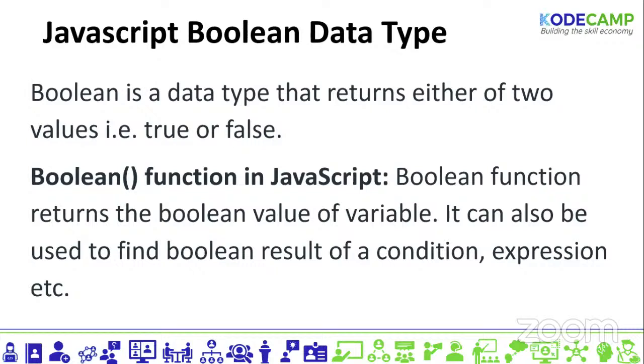It can also be used to find the Boolean result of a condition or an expression. So this Boolean function is used if you want to check if a condition or a statement is true or false.